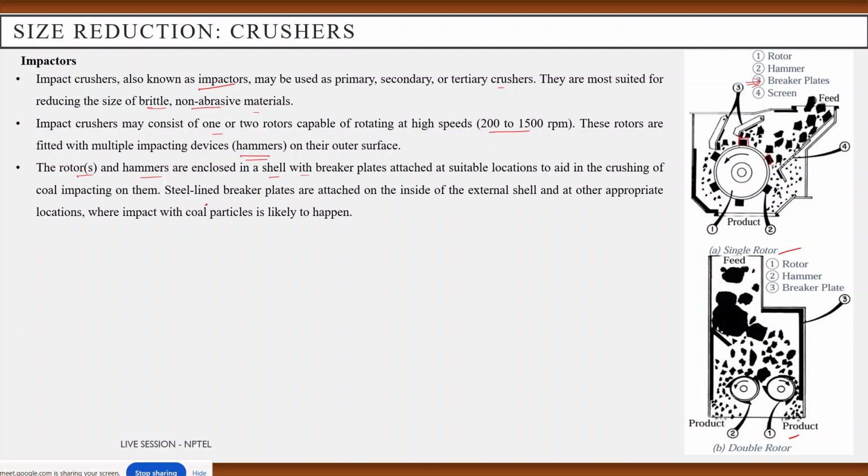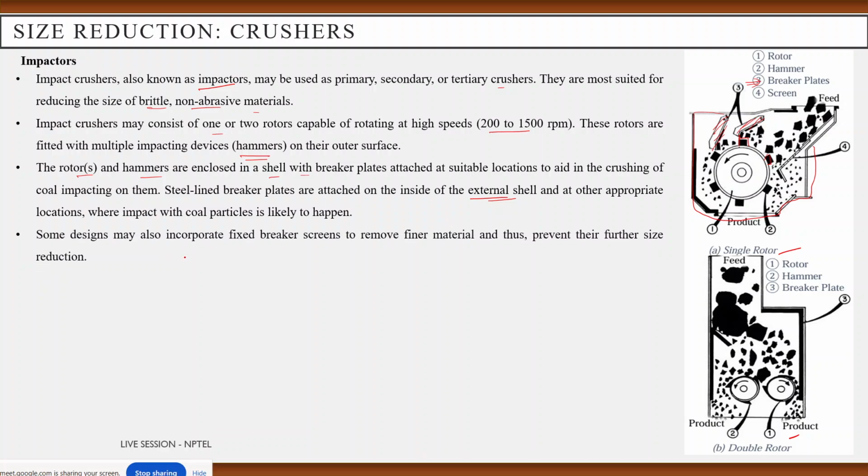Here steel lined breaker plates are attached on the inside of the external shell. External shell is this one. Inside the external shell are the breaker plates, and they can be placed at other appropriate locations where impact force is likely to happen.